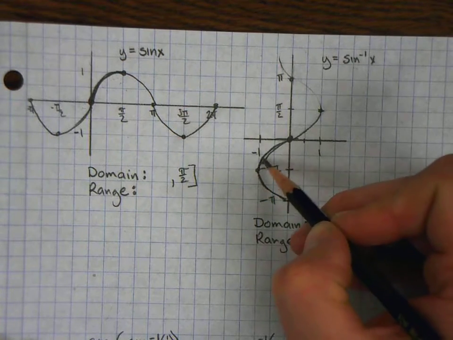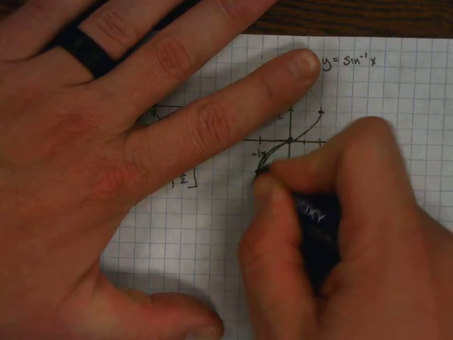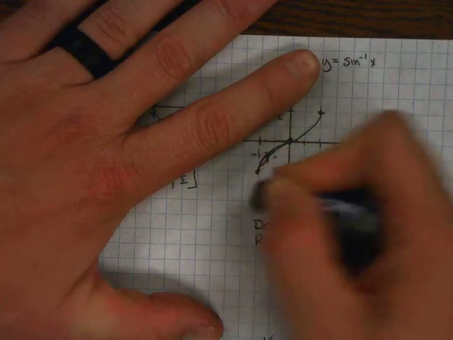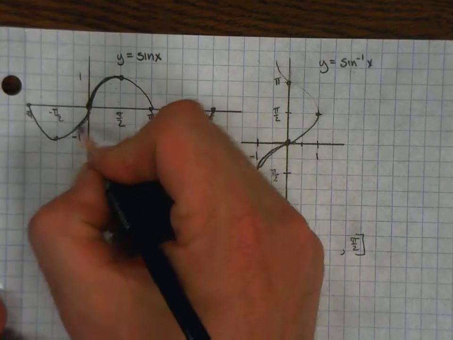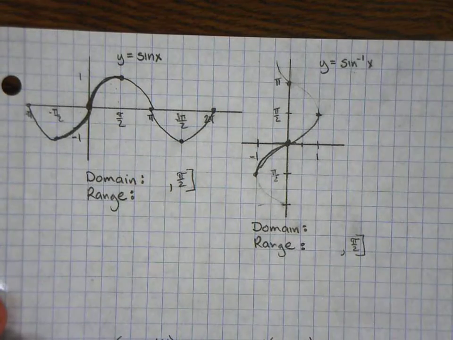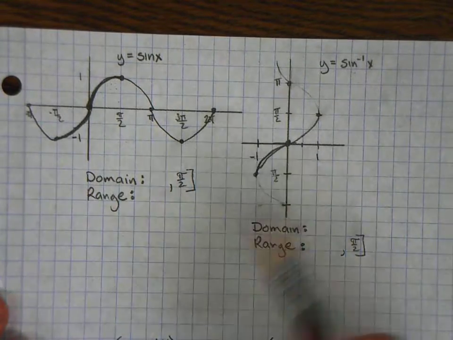So we want to stop our graph at (negative 1, negative pi halves), which means we're keeping this part of sine, and I guess the restricted domain starts at negative pi halves.